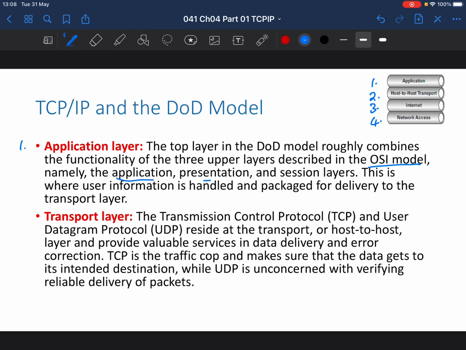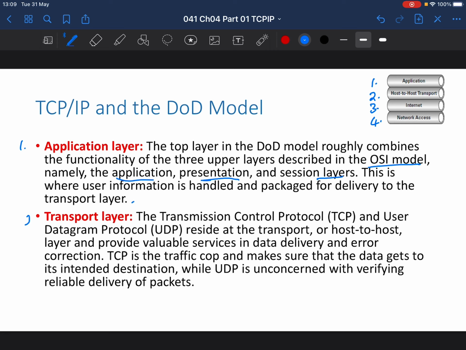So the three in OSI are combined into the application layer. This is where user information is handled and packaged for delivery to the transport layer.